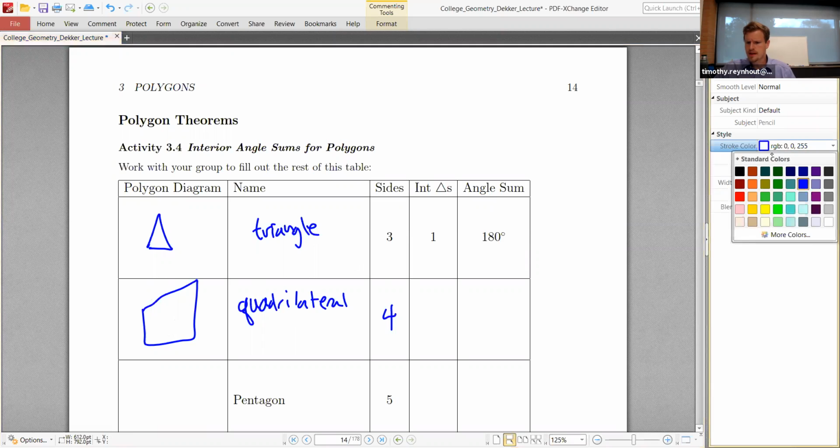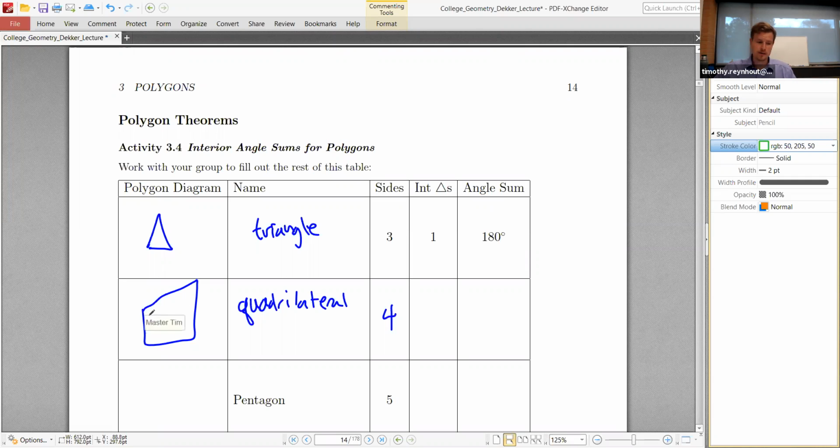So if we were to do that, find the number of interior triangles, we want to have triangles whose vertices, the points that make up the triangle, be the same points that are in the actual quadrilateral.